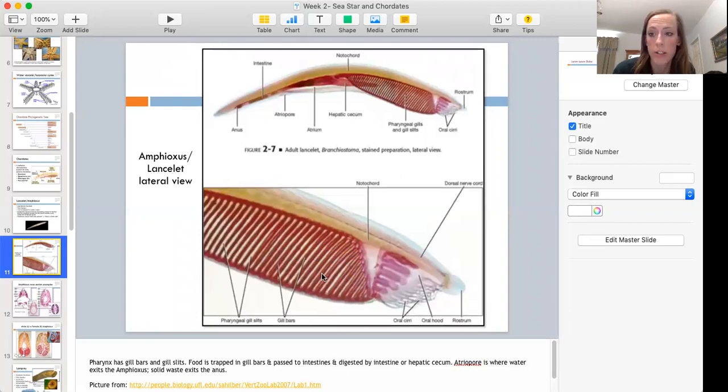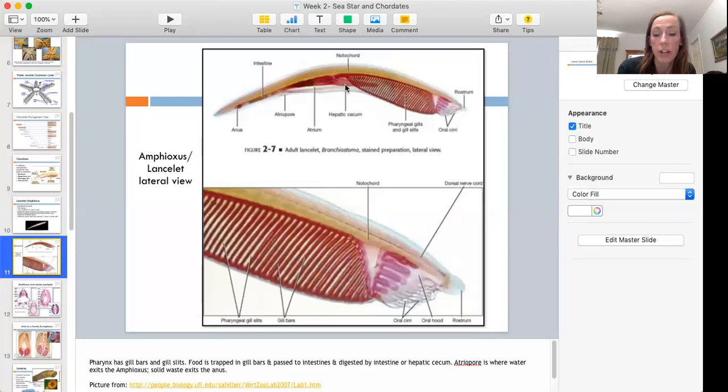So water is going to travel through this region where oxygen is going to be extracted from the water for the organism. And then the excess water will travel through the atrium and exit through the atriopore. Any food that goes into the oral cavity will be taken down and processed in the digestive tract here, which includes the hepatic cecum, this little protrusion you can see behind the pharyngeal gill bars.